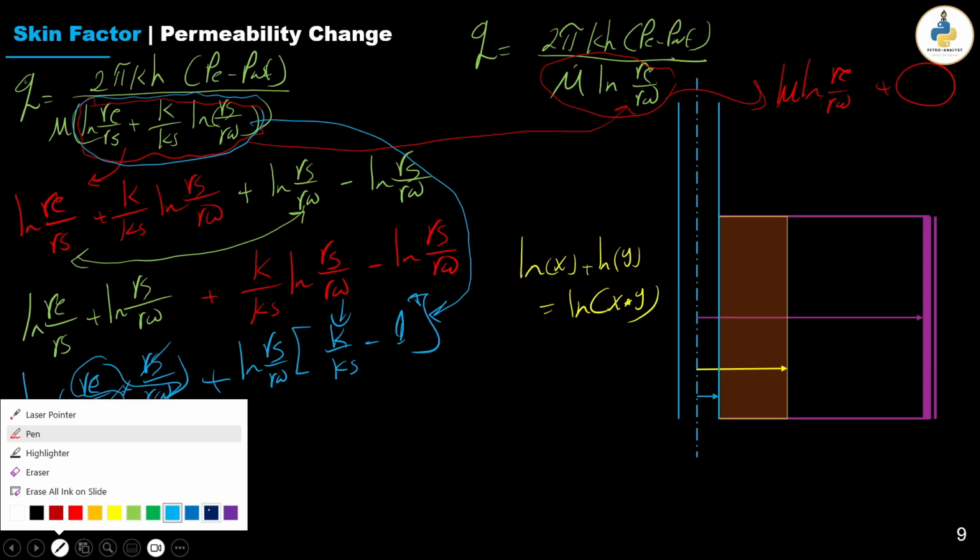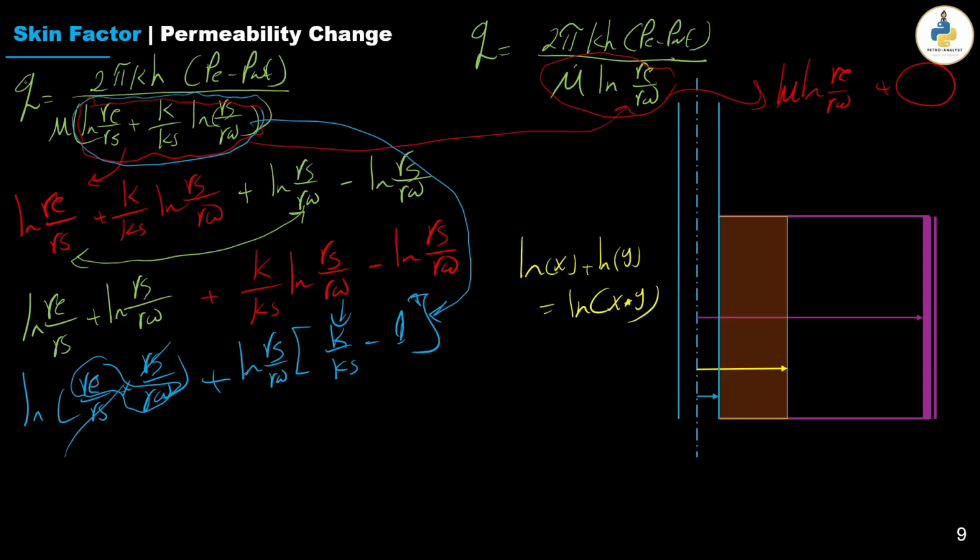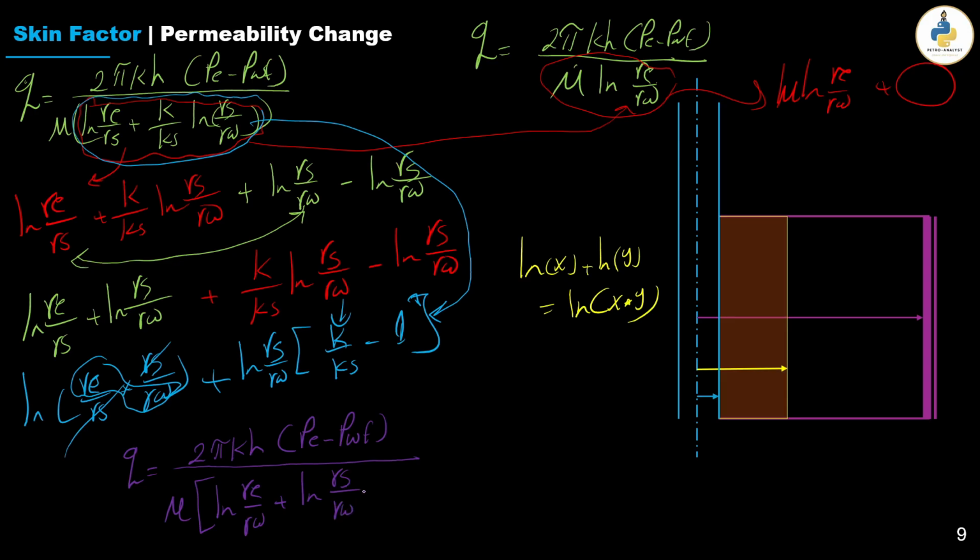So the final equation is going to be Q equal to 2 pi KH, PE minus PWF over mu, ln RE over RW plus ln RS over RW times K over Ks minus 1.